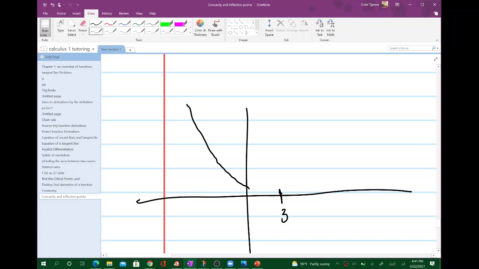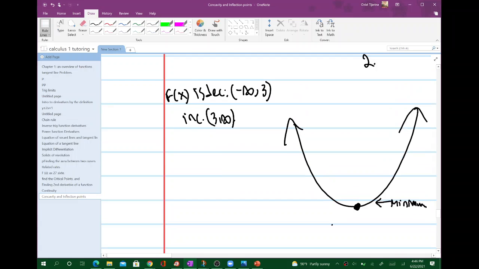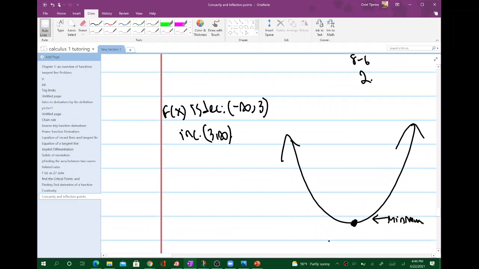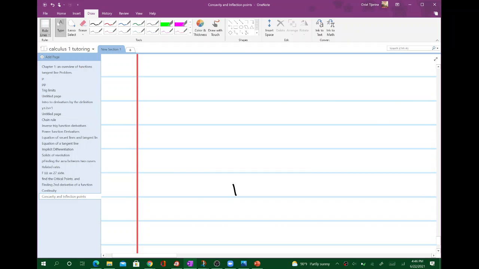It's decreasing, and then it's increasing again. And this is just a rough sketch. It's not the actual graph, right? That means that the graph is going to have a minimum. But what is that minimum? That minimum is at x equals 3.